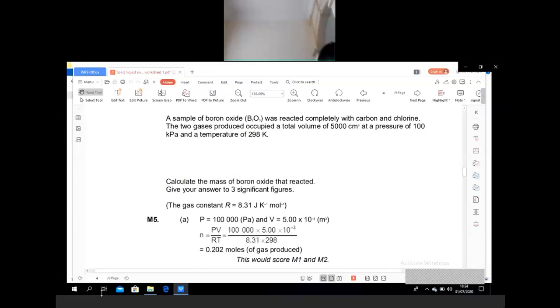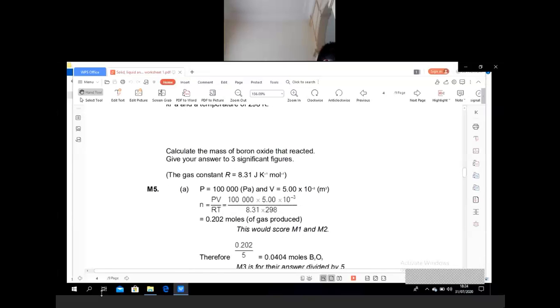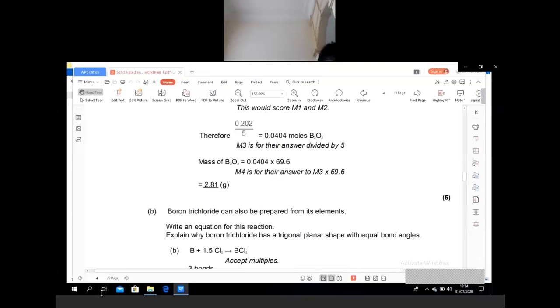Of course, R is a constant, 8.31, so we have to find the number of moles. From the number of moles, we can use the molar mass to get the mass. From this we know that the mass is 2.81.